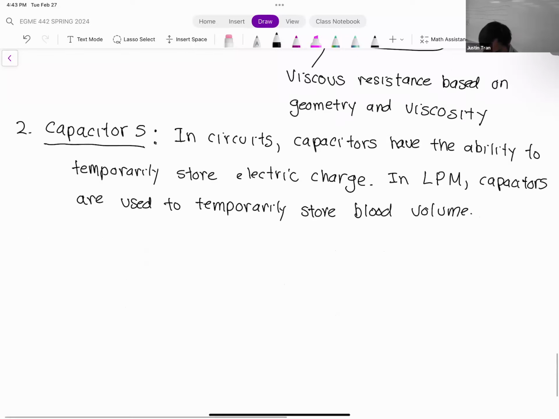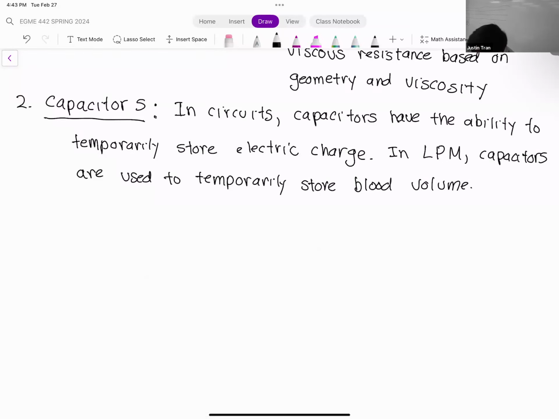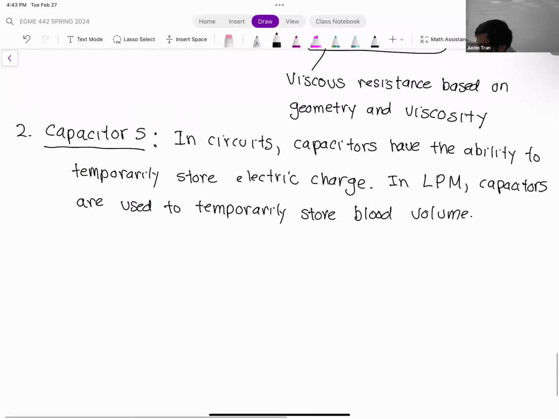So why do we have these? What is a capacitor meant to represent? These capacitors represent the fact that blood vessels are flexible. They have flexible walls, and as such, they can expand temporarily to store flow.